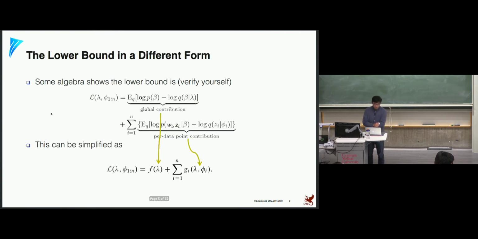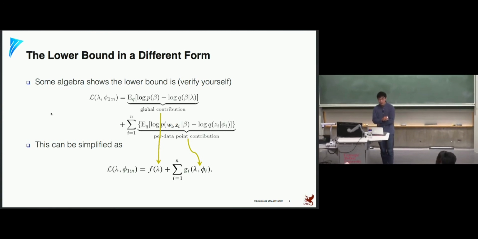What you can do is use an idea similar to stochastic gradient descent. You first separate the loss function into two terms: the global parameter part and the local parameter part. The resulting decomposed loss function looks like this. f of lambda is the global loss function for the global parameter, g_i is the loss function for the local parameters, and i is the index for the data points.